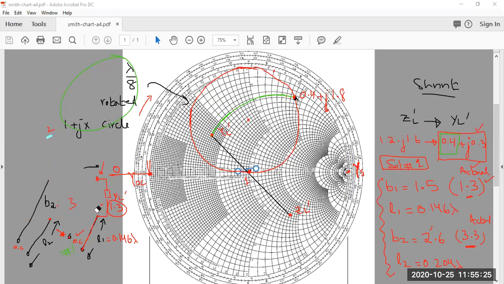The procedure is almost similar. Let's find out how you can easily find out solution number 2.